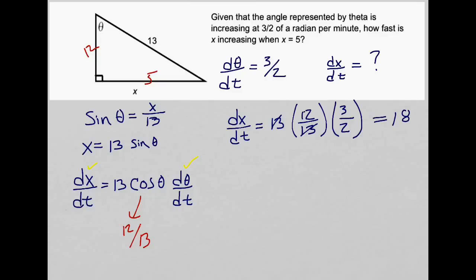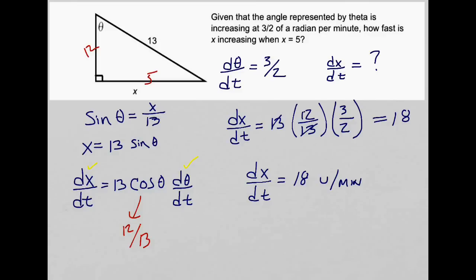So the rate dx dt is equal to 18, which means that, whatever units we were dealing in, as theta is increasing at the rate of 3/2 radians per minute, at the moment when x is 5 units, whether it was inches or centimeters was not clear, x is changing at 18 units per minute.